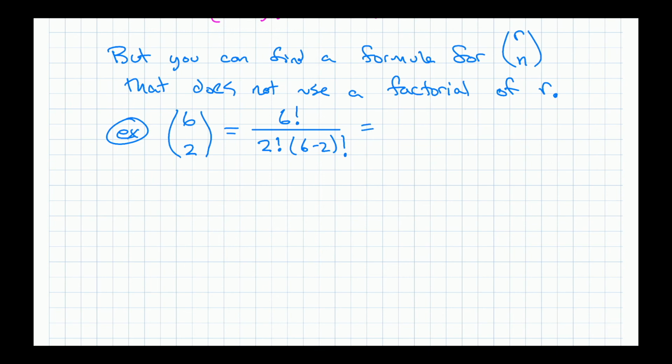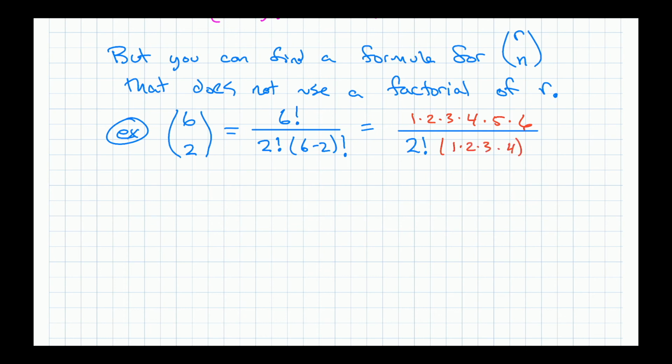Then what you can do is rewrite it where the bottom factorial, the 2, I'm going to leave as a factorial. Actually, I want to take that 6 factorial and write it out: 1 times 2 times 3 times 4 times 5 times 6. And the 6 minus 2 factorial is a 4 factorial, so it's 1 times 2 times 3 times 4.